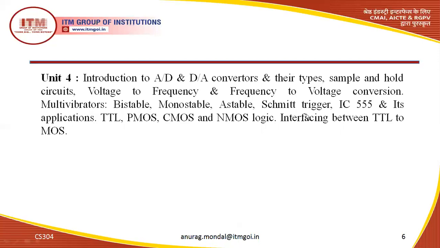Next, we are going to learn about the IC555 timer, and this IC555 timer is going to generate the clock signal, and that clock signal is important for the memory purpose that we are going to learn.